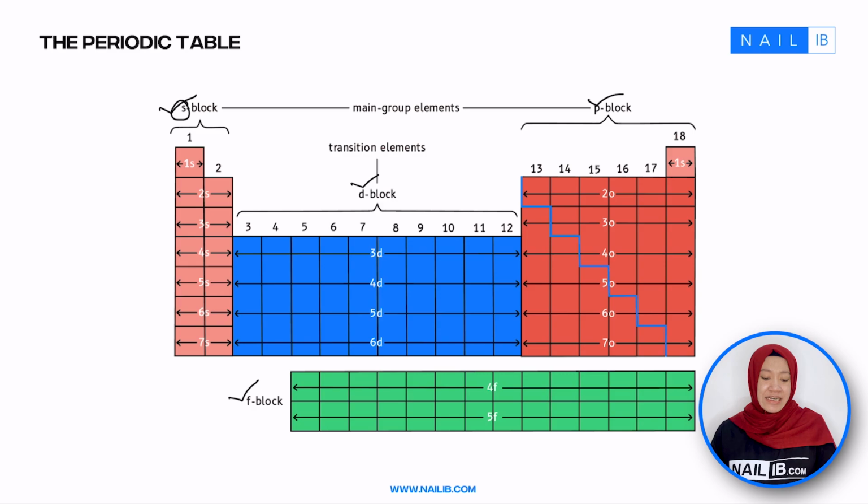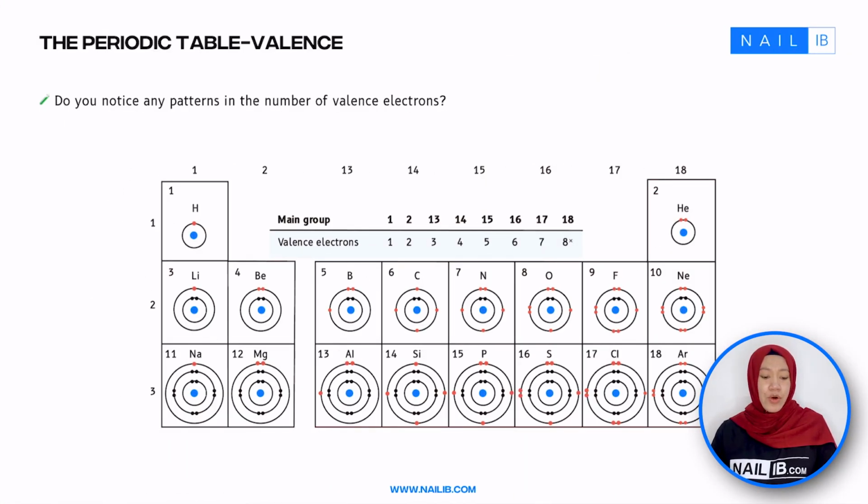The transition elements fill the d orbitals, and the nonmetals occupy the p orbitals. The actinide and lanthanide series fill the f orbitals.